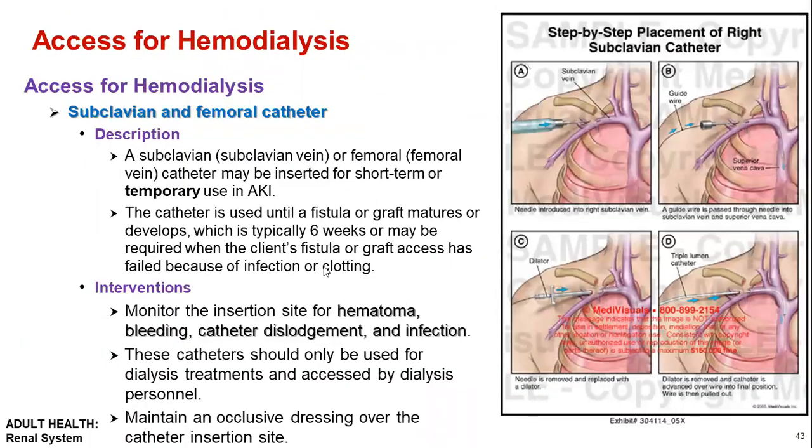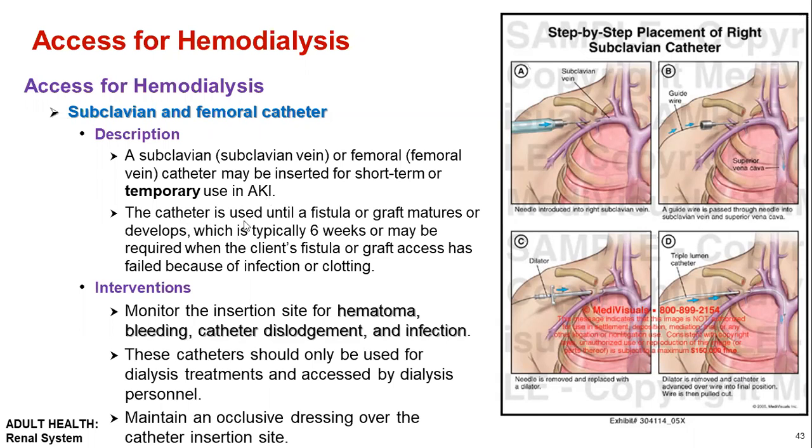So let me read it, the access. Subclavian, femoral, or fistula are all collectively called access for hemodialysis, right? So a subclavian vein or femoral vein catheter may be inserted for short-term or temporary use, like acute kidney shutdown, acute kidney infection.